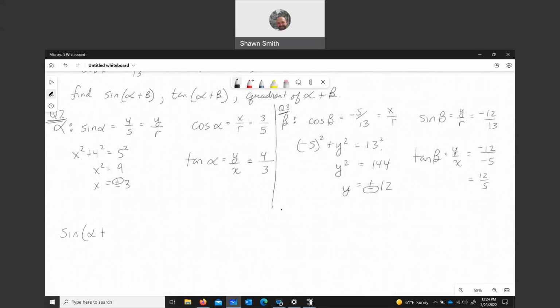Sine of alpha plus beta is sine of alpha times the cosine of beta, plus cosine of alpha, sine of beta. All right, just go pick up your values. Sine of alpha, 4/5. Cosine of beta, negative 5/13.